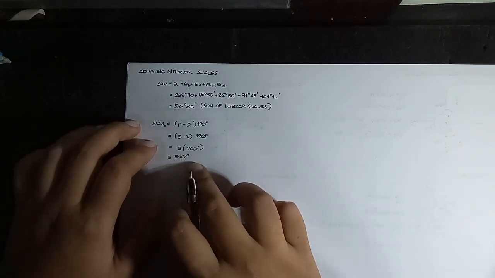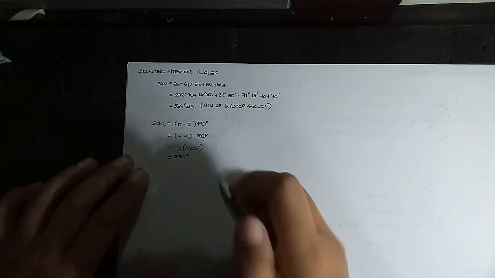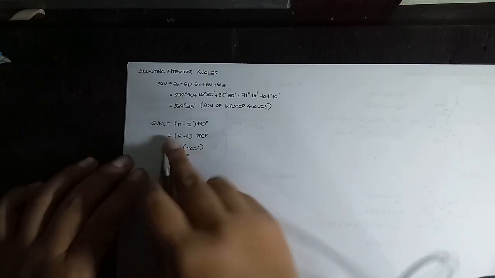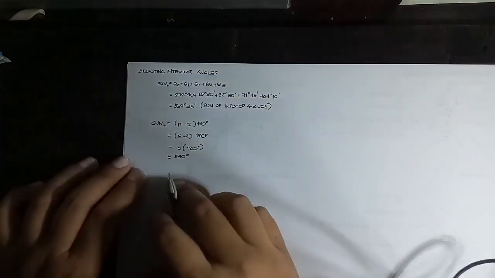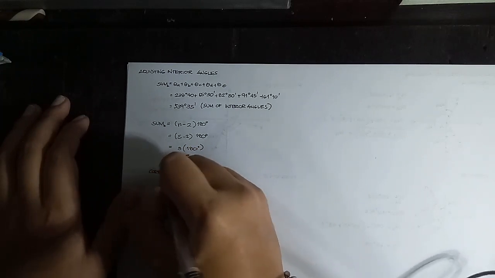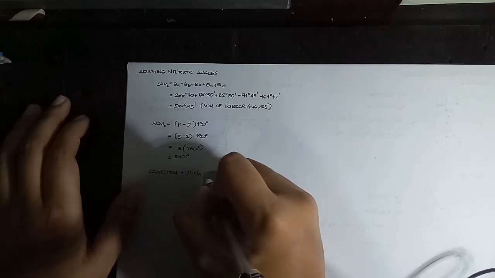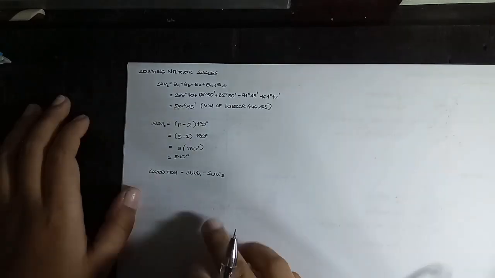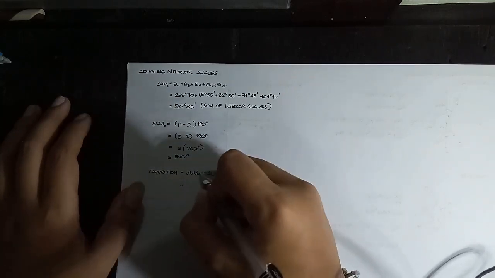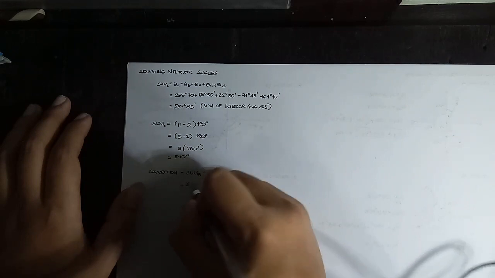Ibig sabihin, kailangan nating hanapin yung correction. So, ang gagawin natin, minus natin yung sum ng interior angles sa sum A, minus natin yung sum B. So, ang mangyayari, para mahanap yung correction, is sum A minus sum B. So, ang value ng sum B natin ay 540 degrees.